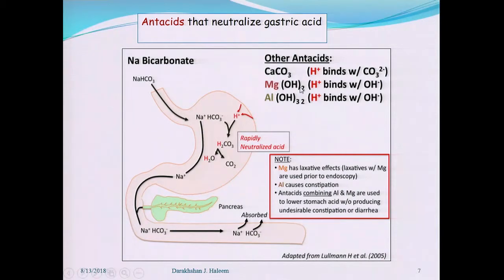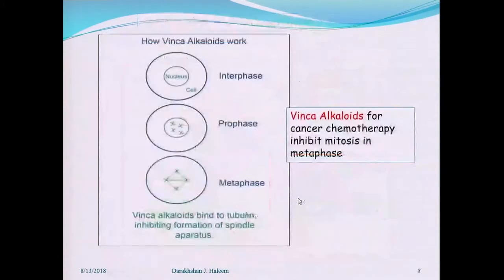Similarly, calcium carbonate, magnesium hydroxide, and aluminum hydroxide reduce the pH of the stomach, and they have different side effects. You can see here, vinca alkaloids, the chemotherapeutic agent, inhibit cell division and mitosis.